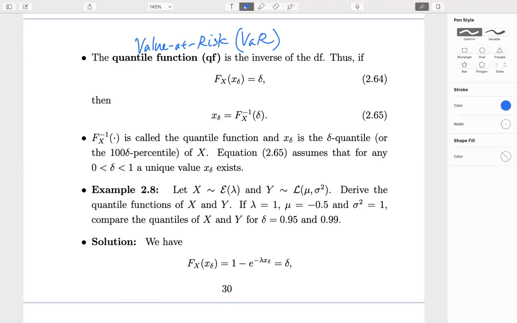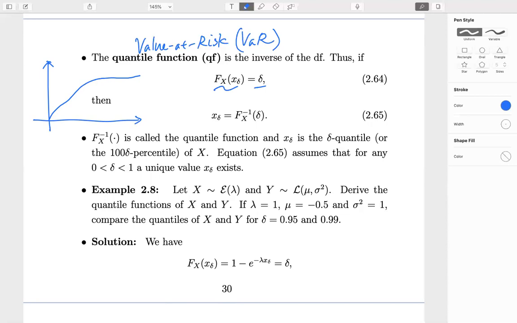So what is a quantile? A quantile is a special x value such that the corresponding CDF at this value is equal to the percentage you want. Let me draw a graph. Let's say this is my CDF, which eventually converges to 1.